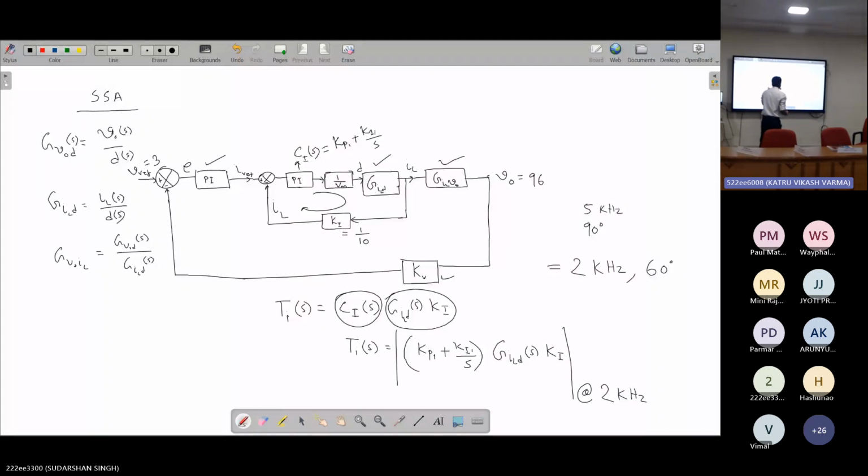So what we want is to design the inner loop controller such that at 2 kilohertz it crosses 0 dB. That means in linear scale the magnitude is 1, and the angle is the phase margin that should be there.